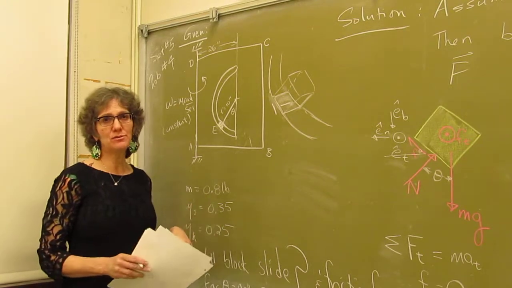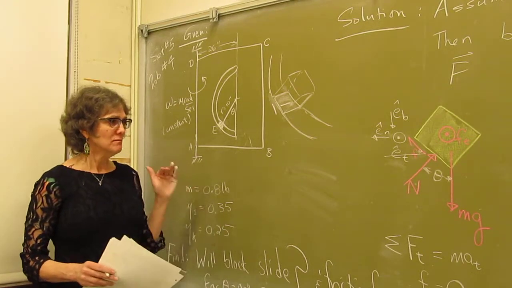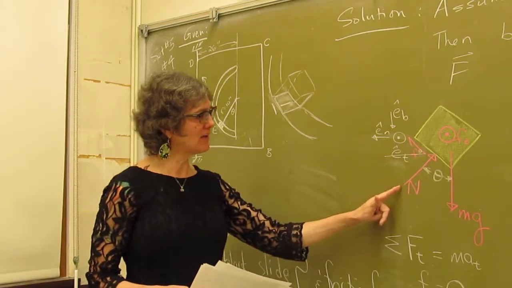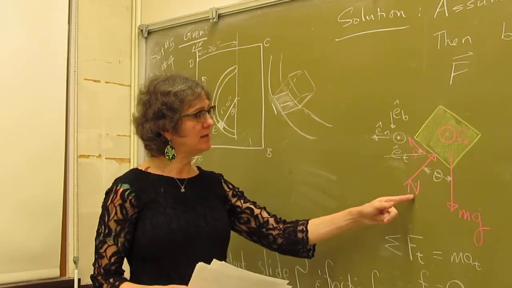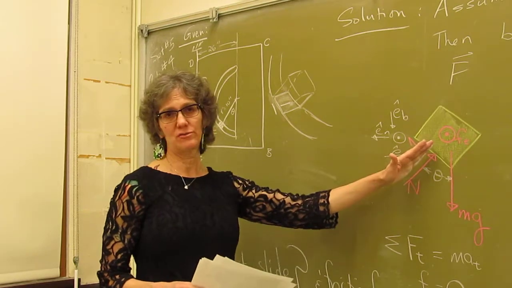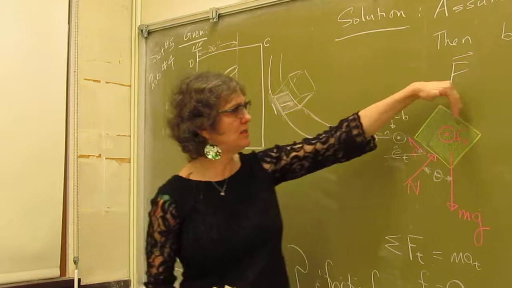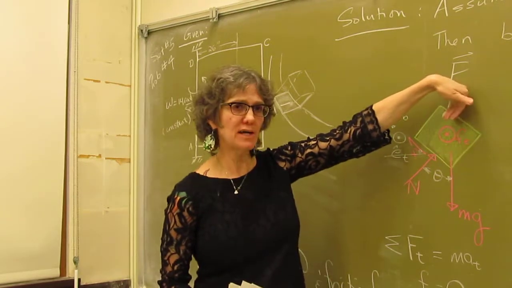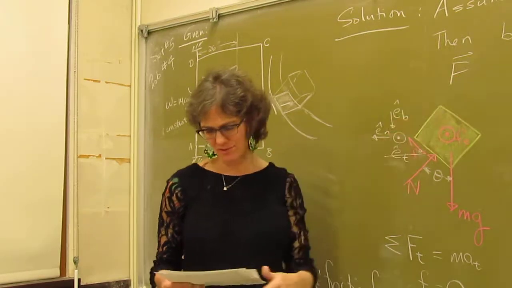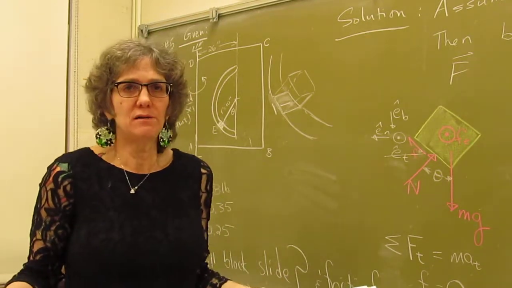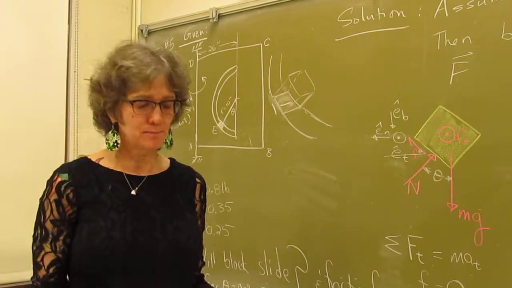Let's not make any assumptions. In this picture I have N going this way, so if I get a positive value for N, then this is the correct direction. But I don't know at the outset, because it could be that the forces from the top are acting down on it. I kind of don't think so, but it doesn't matter. I don't have to know at the beginning of the problem.